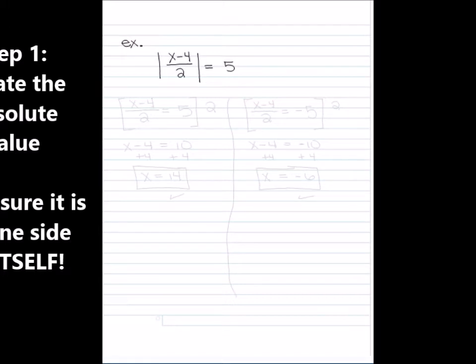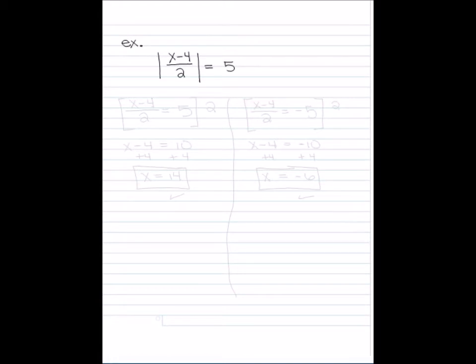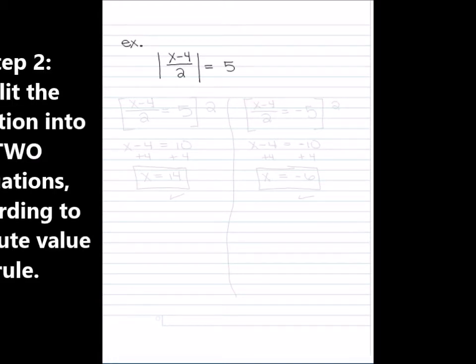The next step is to split this equation into two, because you're going to have one that's equal to 5 and one that's equal to negative 5, according to the rule of absolute value. So I have (x minus 4) over 2 is equal to positive 5, and then (x minus 4) over 2 is equal to negative 5. So I have my two equations.